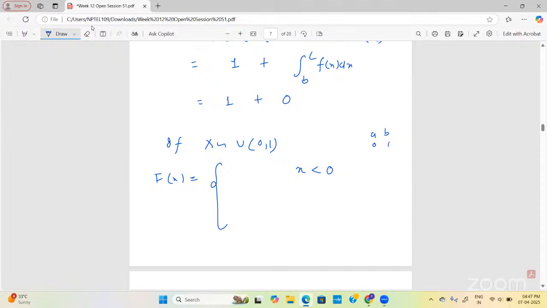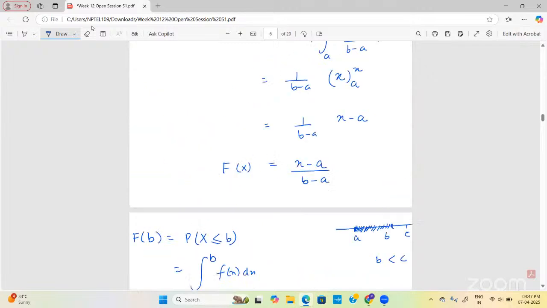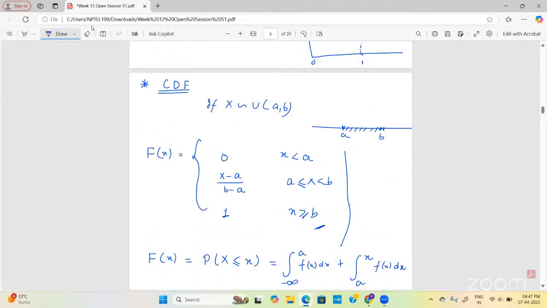So for x less than 0, it will be 0. For x greater than or equal to 1, it will be 1, right? And from 0 to 1, now tell me, according to this formula, what should be the value here? So a is 0 and b is 1.